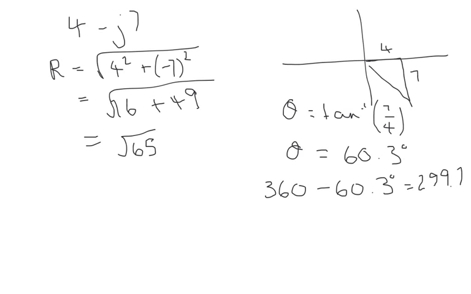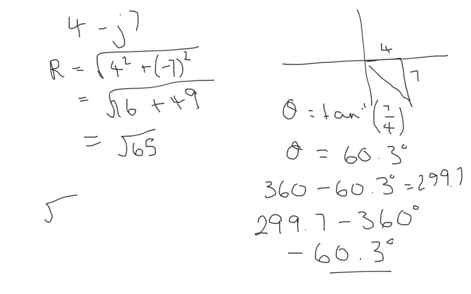It's too large. To take this back within the range of negative 180 to 180, we just subtract 360 from 299.7, and that gives us negative 60.3 degrees. That's the angle we use. Final answer, root 65 angle negative 60.3 degrees is our polar form of the complex number.